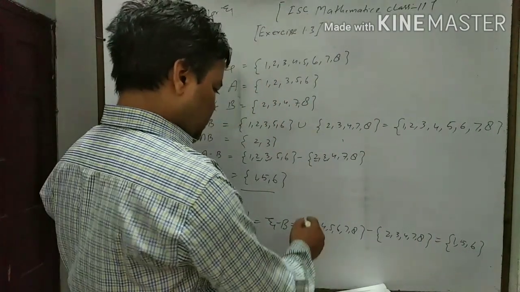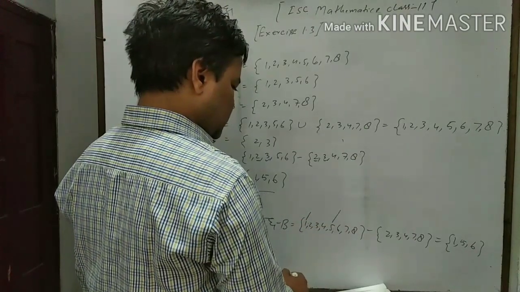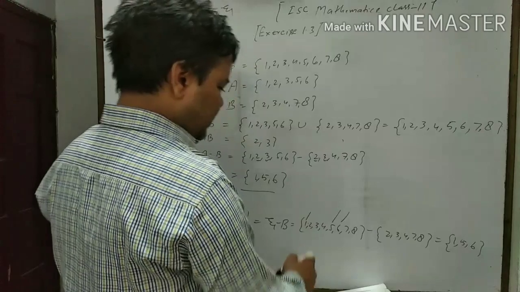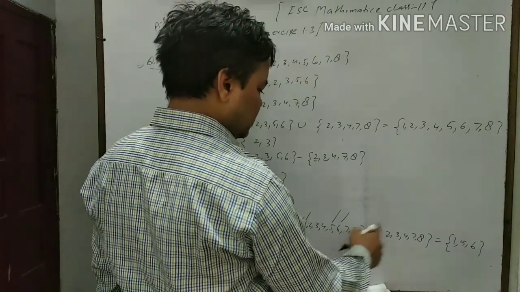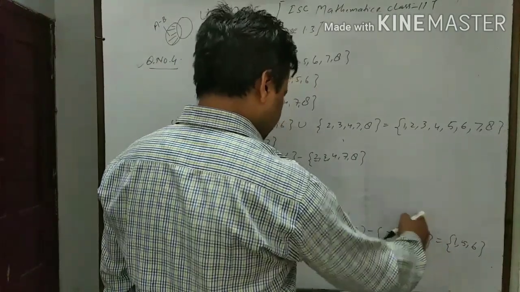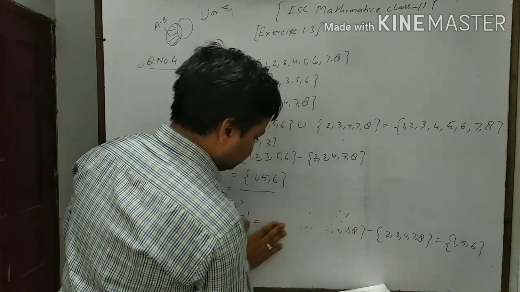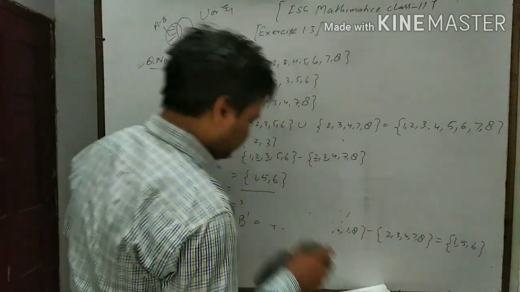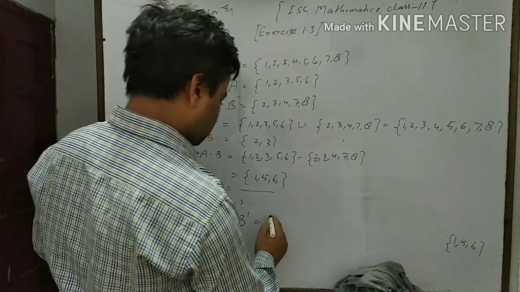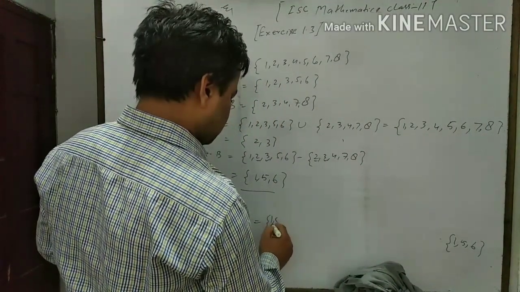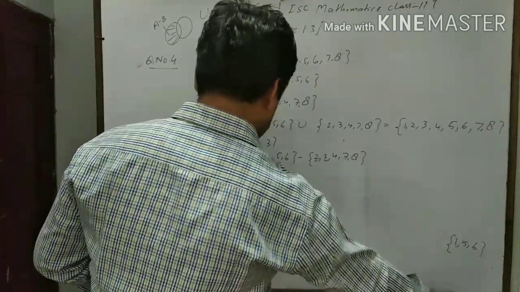So we take only 1, then 5, and then 6. The other elements, 2, 3, 4, 7, 8, are elements of set B. In this way we can write here 1, 5, 6.